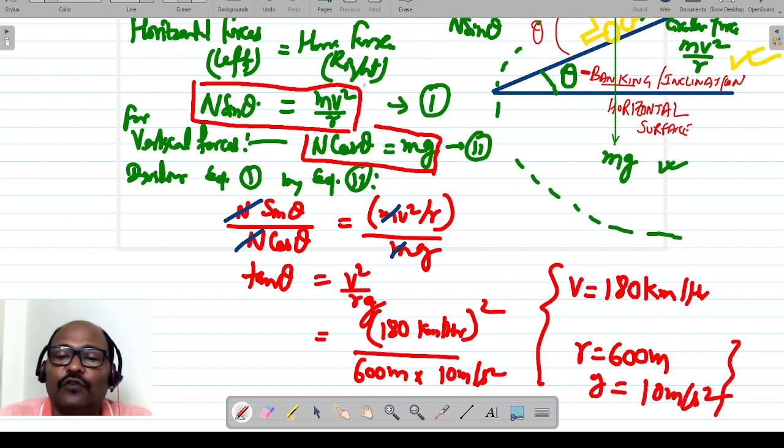If you convert this velocity into meter per second, this will be 180 into 1000 divided by 3600, how? 60 minutes into 60 seconds.